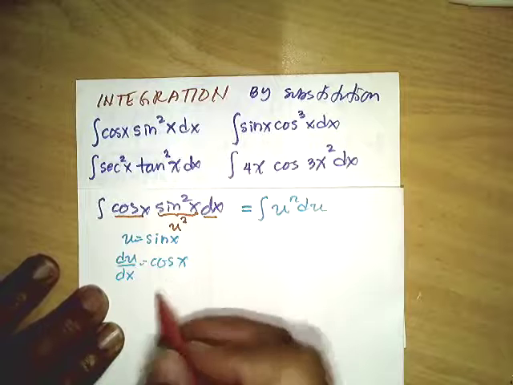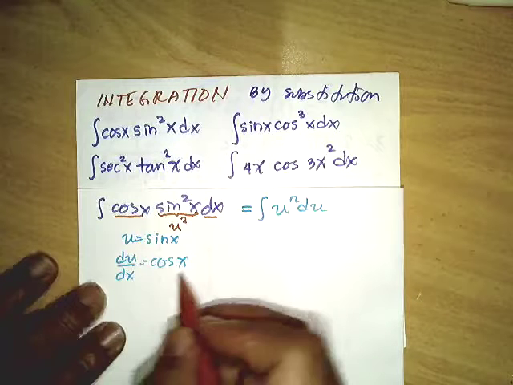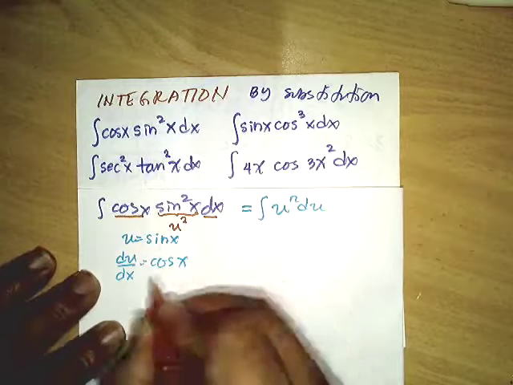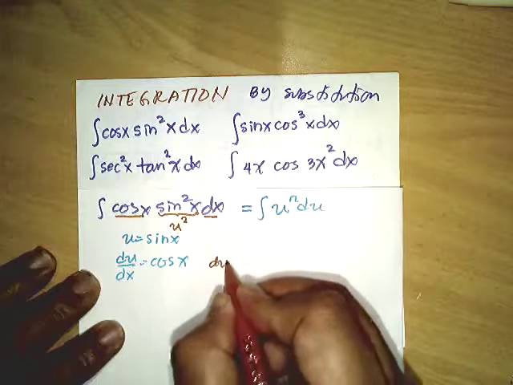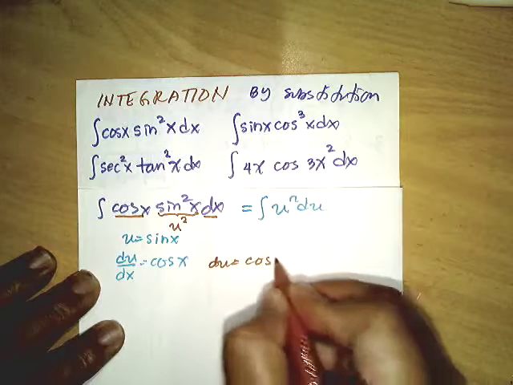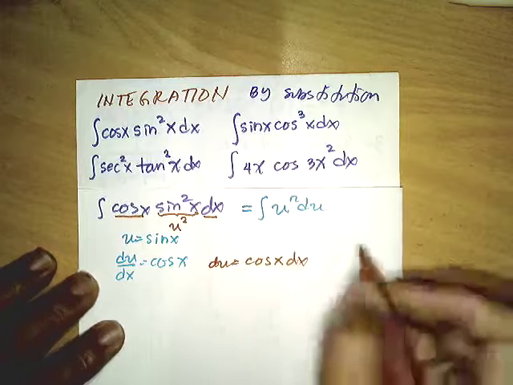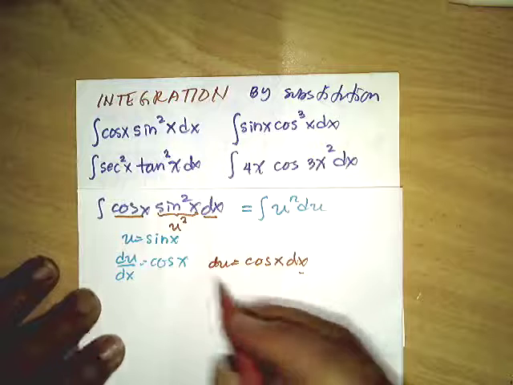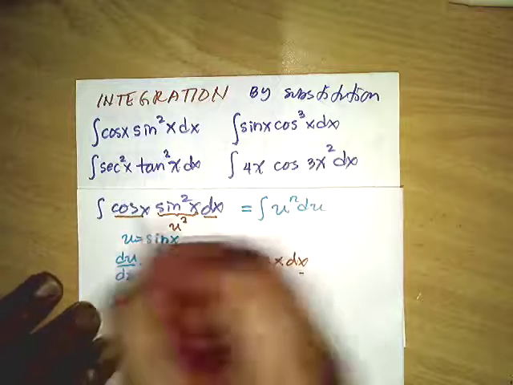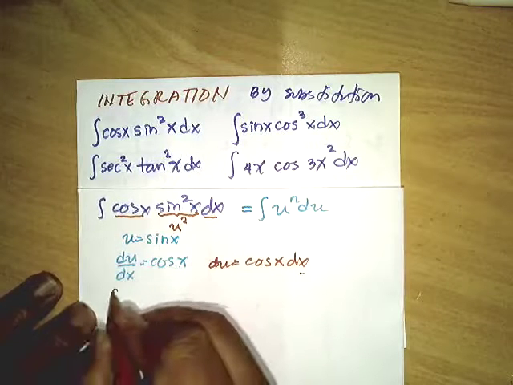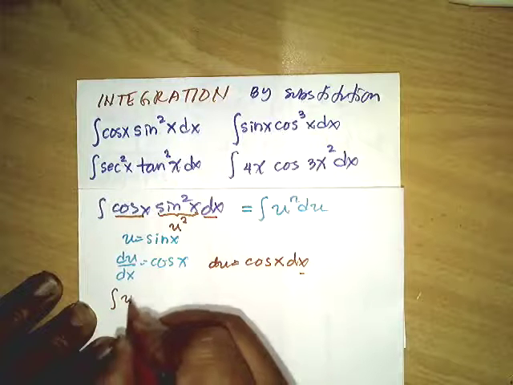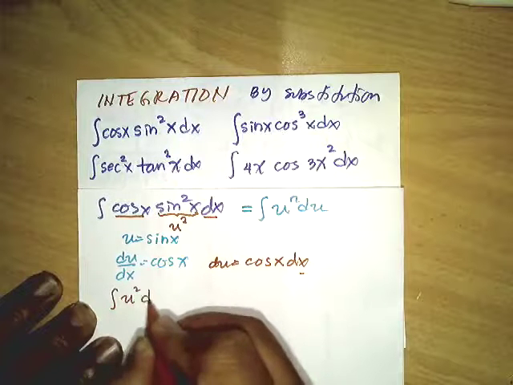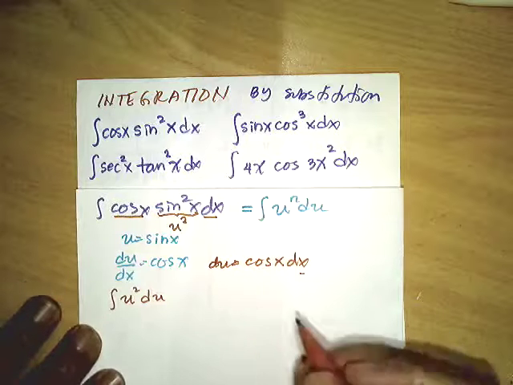So we need to find that expression. From here, what we can see is du is equal to cosine x dx. So the cosine x dx itself is du. Therefore, this integral is actually u squared du.